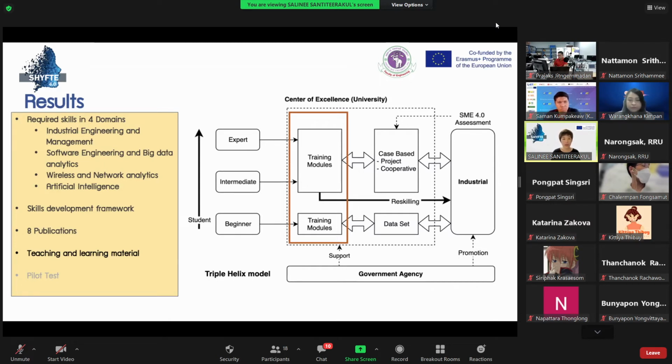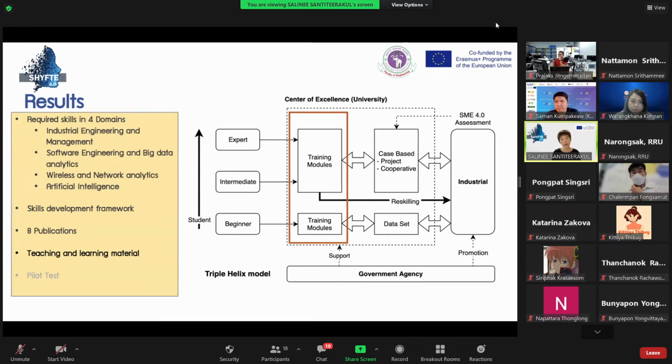So the idea in this project is we have to design the training modules by using practical cases from industry. And we also already identified and divided the required Industry 4.0 skills into 3 levels in our teaching module.